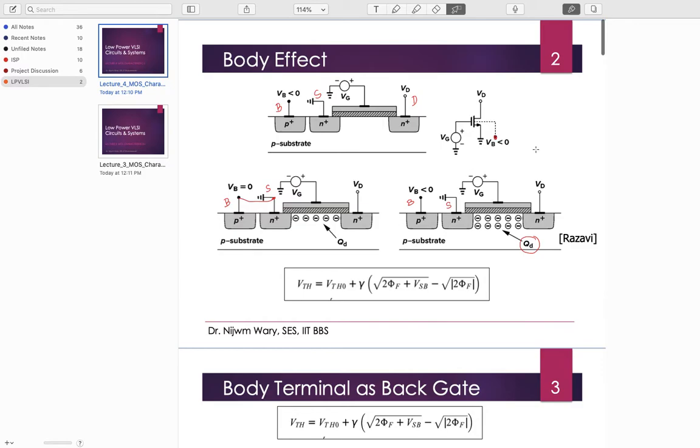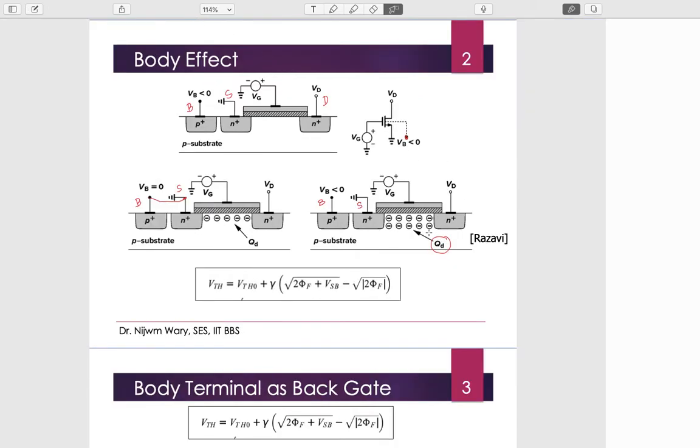So from there we can see that the threshold voltage is a function of the charge formed here, and because of the negative voltage, more depletion charges are formed, and that's why the threshold voltage increases.